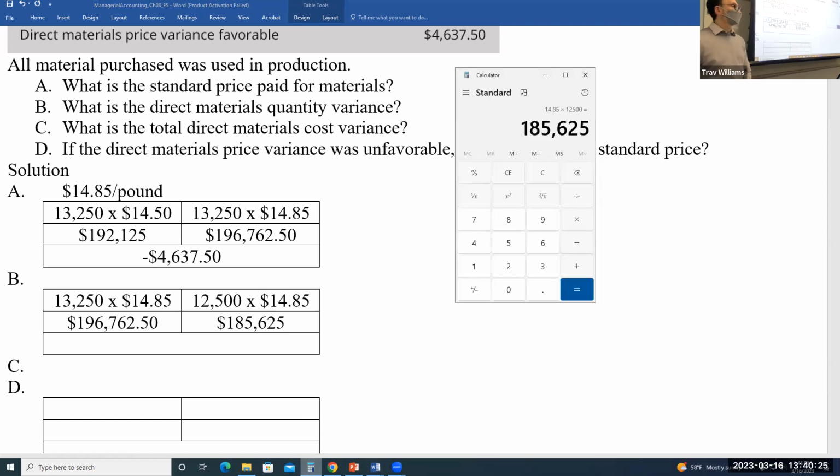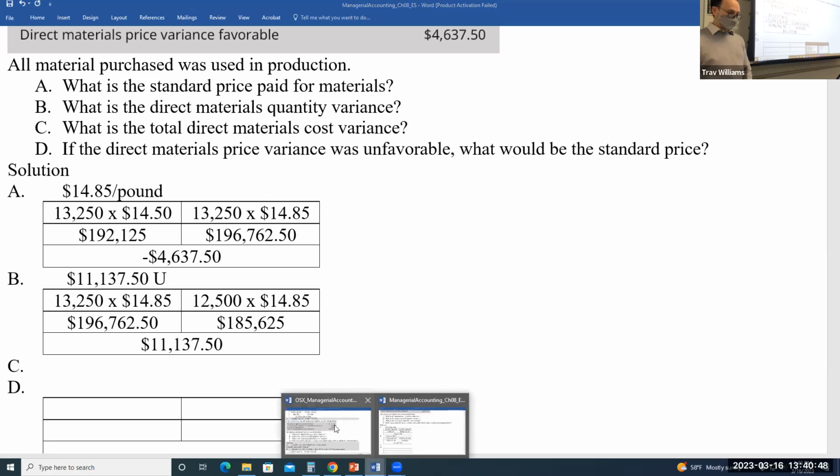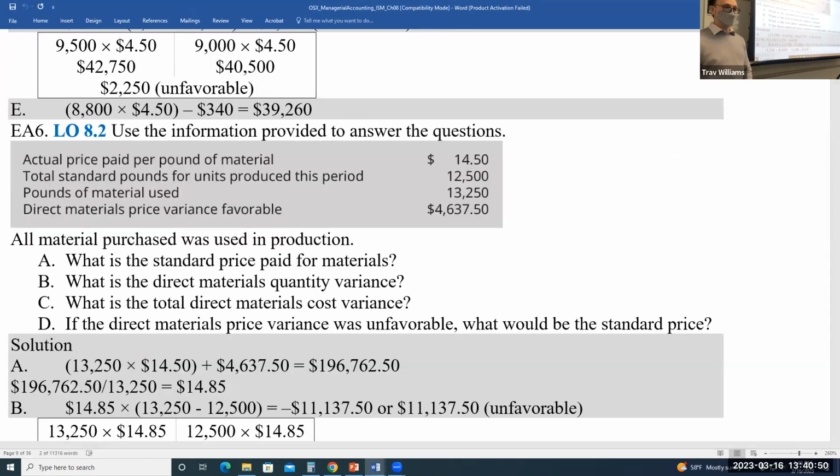Then again, take the left side, subtract the right side. That's a positive number, so that means it's what? Unfavorable. All right, very good. And that is correct.